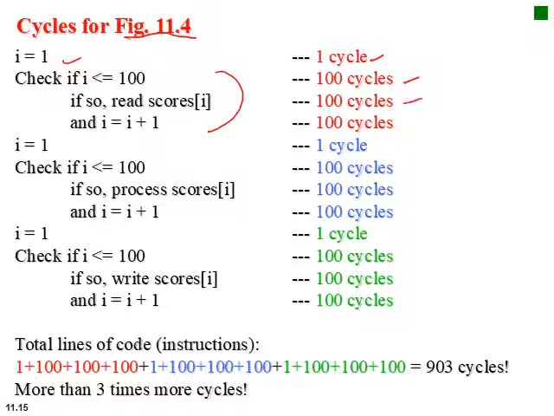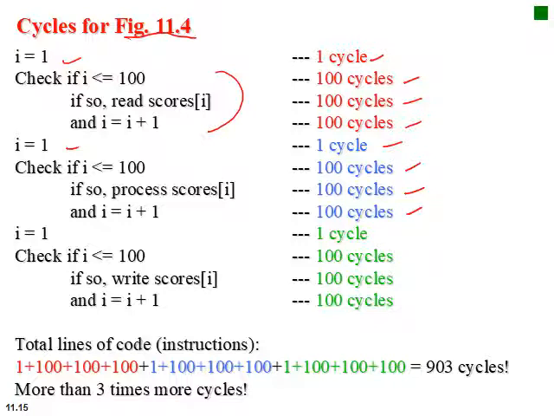So that's going to be 100 cycles. And we're going to increment I 100 times. So that's yet another 100 cycles. And then for the next loop, we're going to reinitialize I, so that's a cycle. And for the same reason, we're going to have 100 cycles of checking whether I is less than or equal to 100, 100 cycles for processing, and 100 cycles for adding 1 to I.